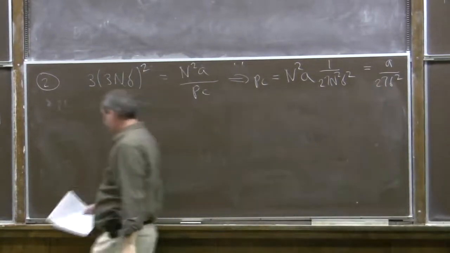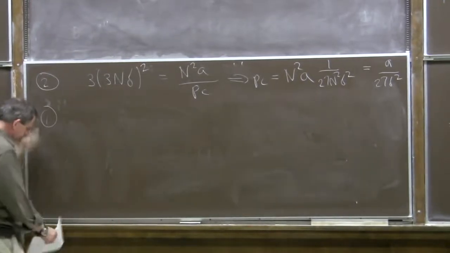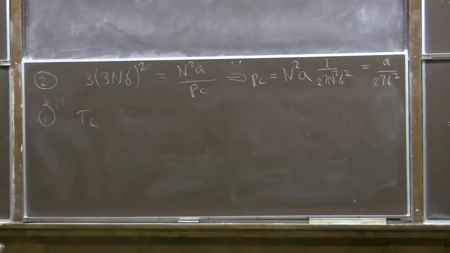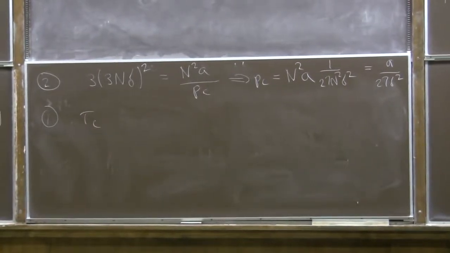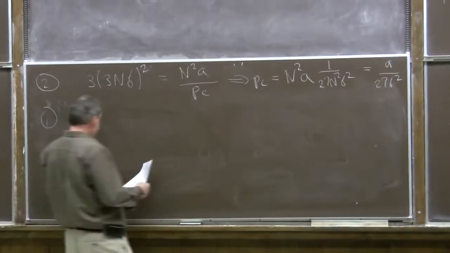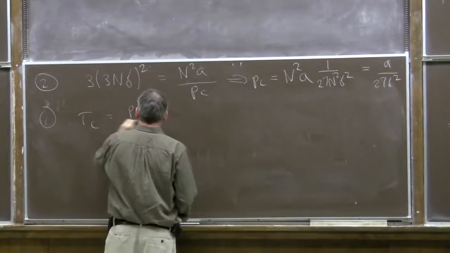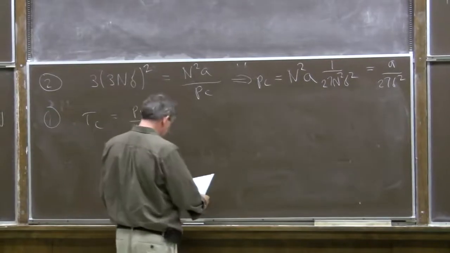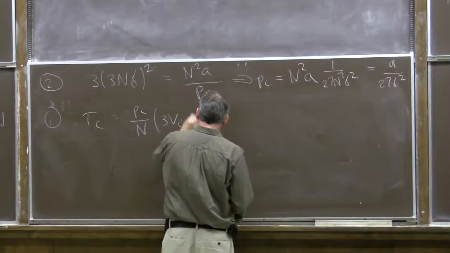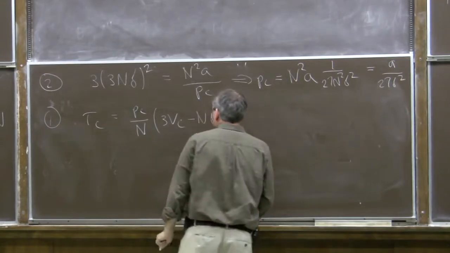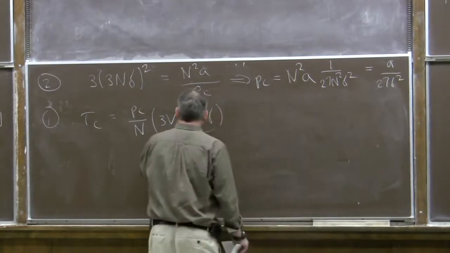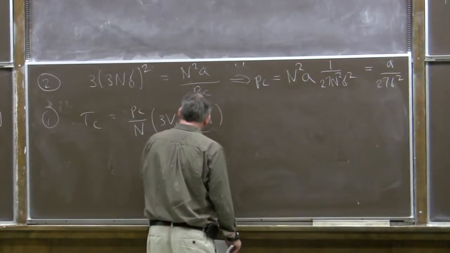for the critical pressure. And now we can find the critical temperature from the first equation. So subtract this from both sides. The critical temperature is the critical pressure, which we now know, divided by N, 3 times the critical volume that we now know, minus NB. So 3 times the critical volume is 9NB. This is 8NB.